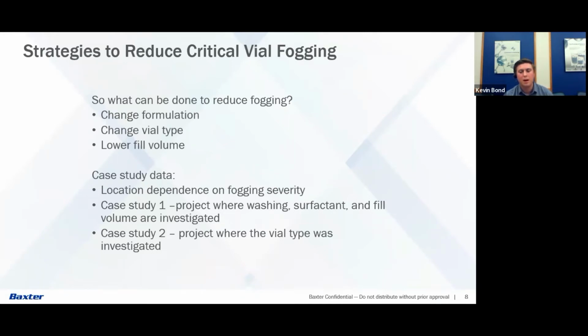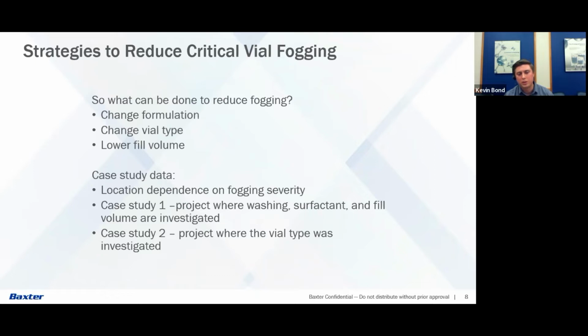This lower fill volume approach accepts that fogging will happen, but you would have fewer failures during inspection because that solution has further to travel up the vial. And again, as we previously said, until it reaches the shoulder and neck, and then it's really a risk to container closure and sterility.